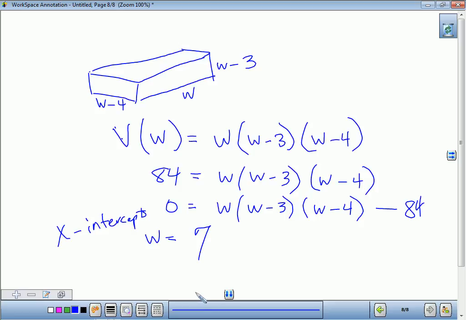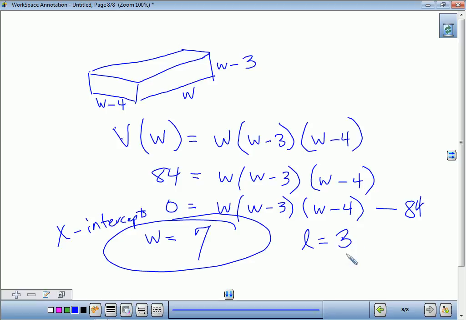And I could ignore the negative ones, because can a length or any dimension ever be negative? No. So the width is 7, which would tell me that the length is 3 less than that, and the height is 3 less than that. And this was inches. Look at me all forgetting my units.